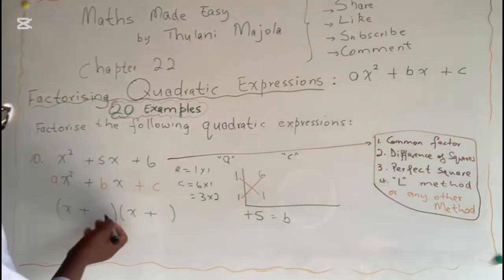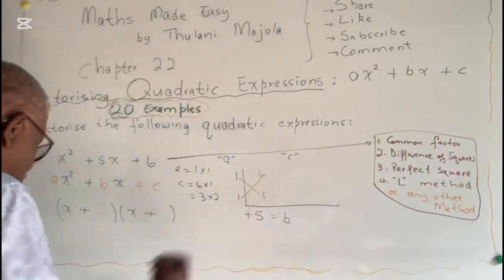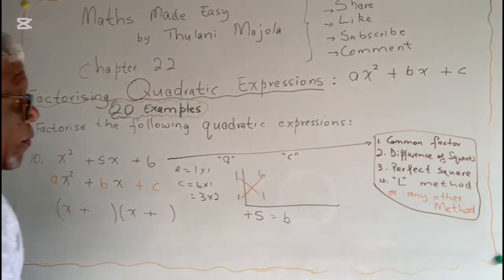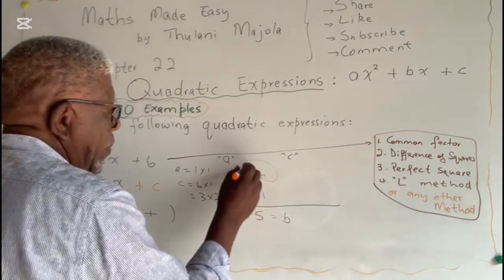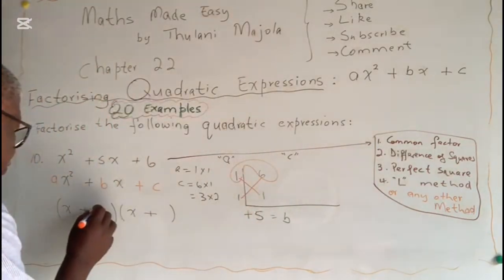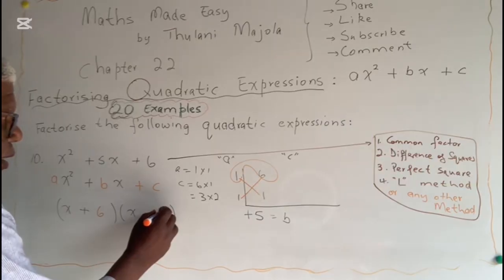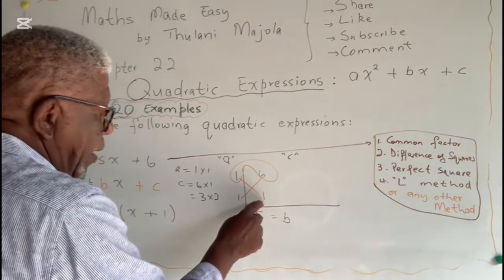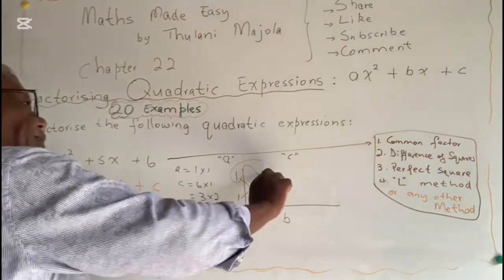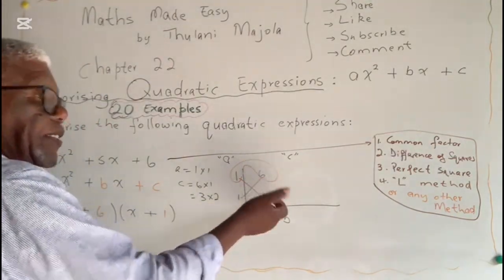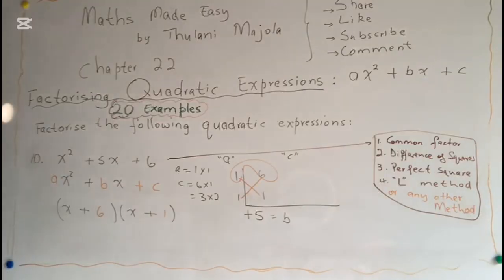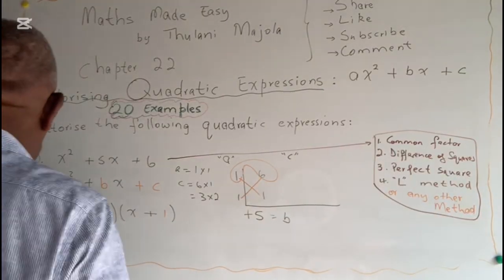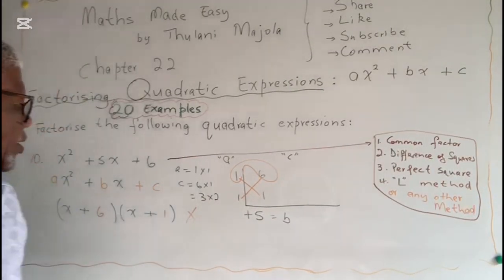Group them like this: 6 will be here and 1 will be here. Multiply 1 by 1, you get a 1. Multiply 1 by 6, you get a 6. 1 plus 6 is 7, so it's not a 5. So this one is not the correct answer.